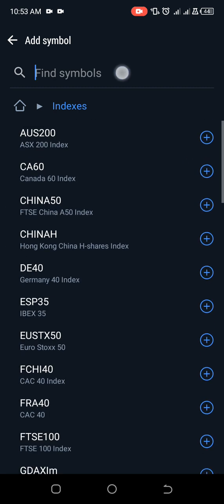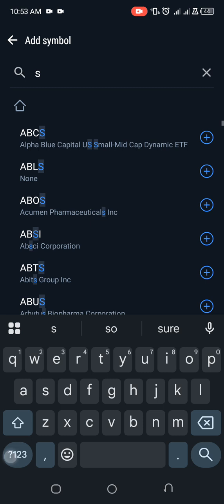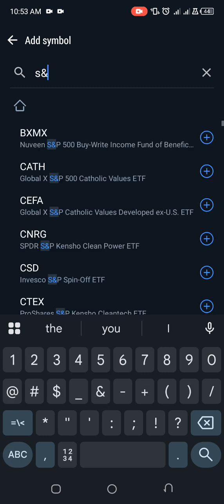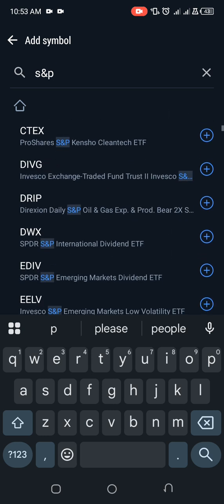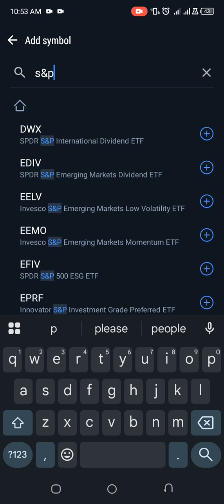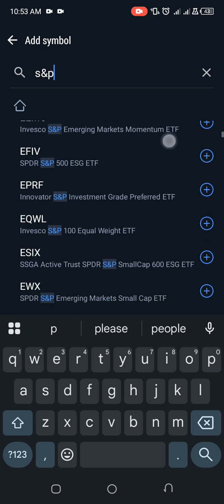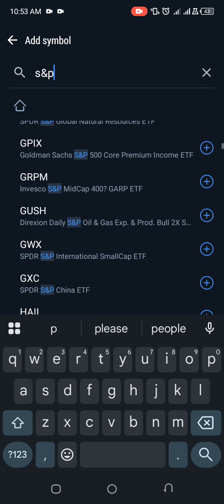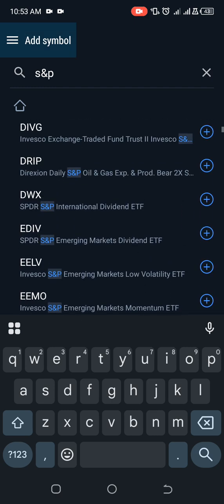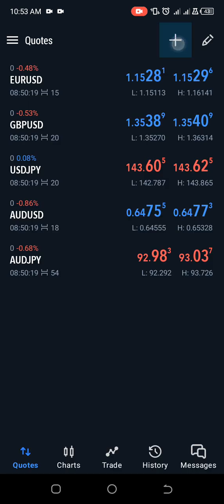For instance, let's say S&P. You see, there is S&P 500. S&P 500 combines Nike shoes, income funds, depending on the products that are available on the market, right? Yes, so they are all joined together to come in. So that is the indices.